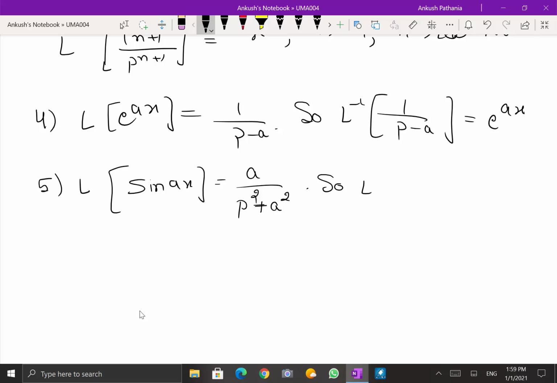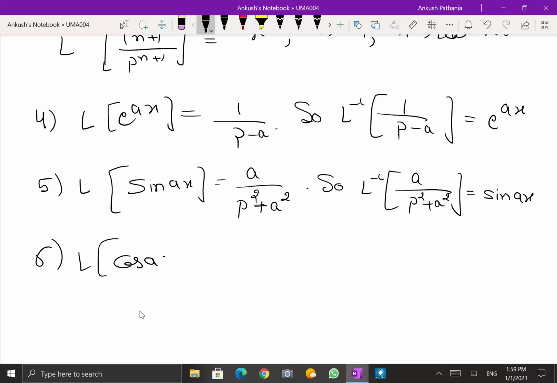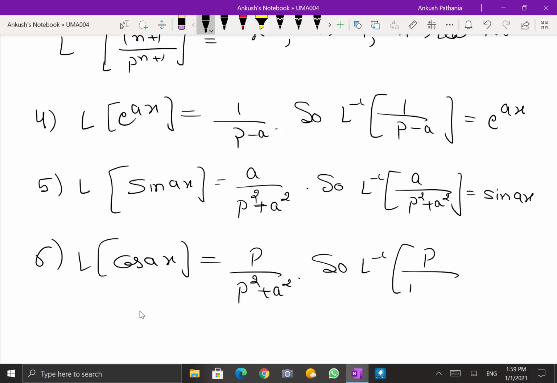So Laplace inverse of a upon p square plus a square is equal to sin ax. Similarly, Laplace of cos ax is equal to p upon p square plus a square. So Laplace inverse of p upon p square plus a square is equal to cos ax.